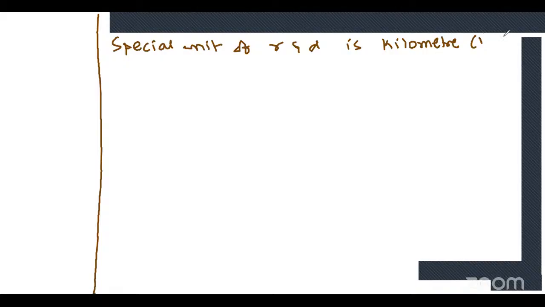From the prefixes, we know that 1 kilometer equals 1000 meter.